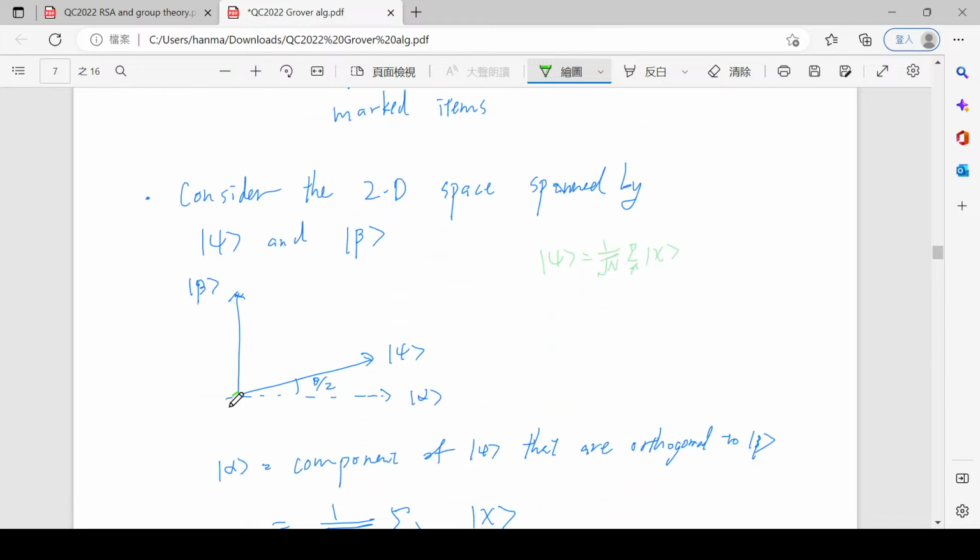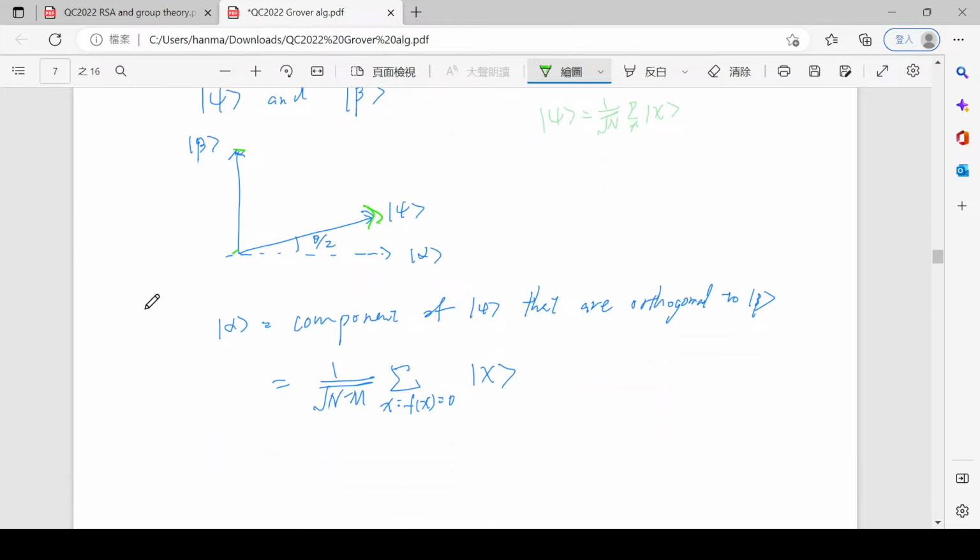And if we think about this 2-dimensional space spanned by those 2 states, most of the time they should not be the same. If they are the same, it's very easy to find a marked item. But if they are not the same, then you have two vectors, you can span a two-dimensional space, but they are not orthogonal.